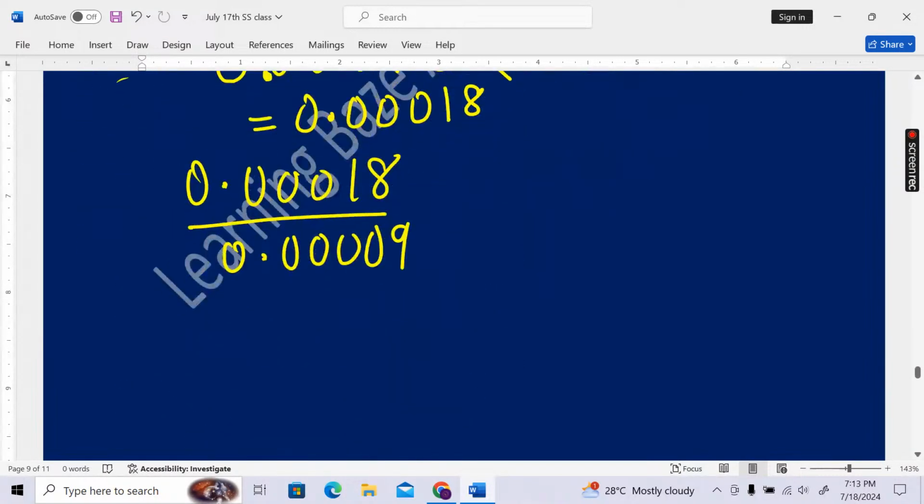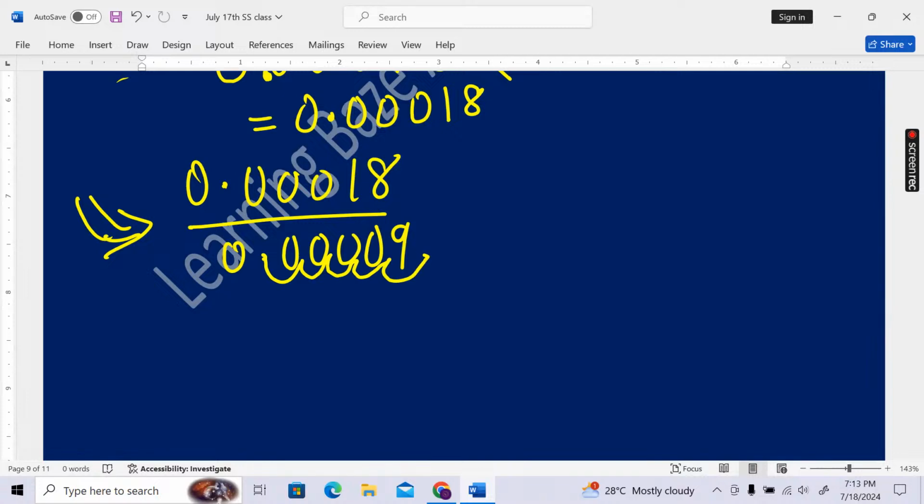Yes. Now, how do we divide? Don't forget I said that the divisor should be made a whole number when it comes to division. So let's shift the decimal point out by counting 1, 2, 3, 4, and 5.